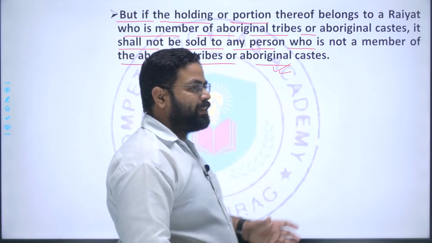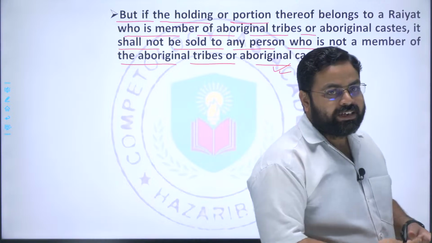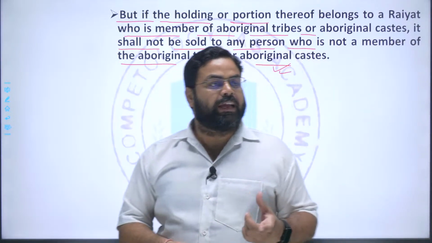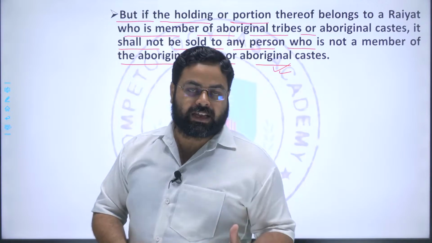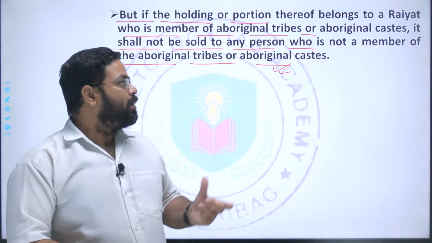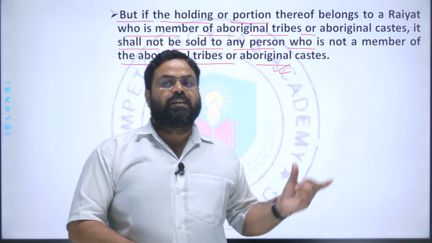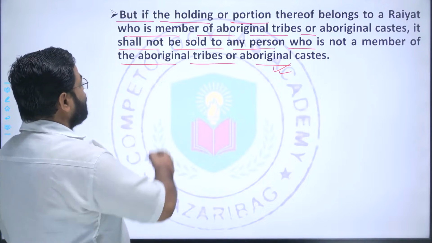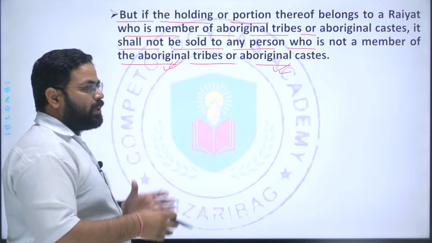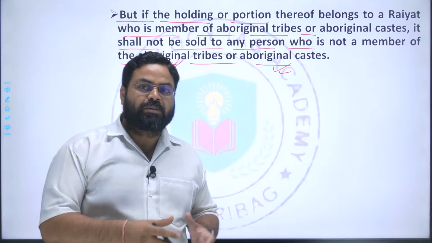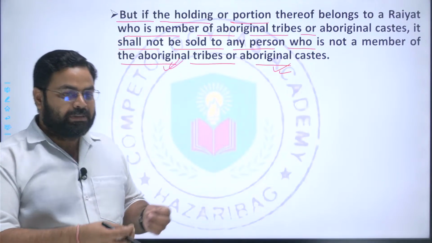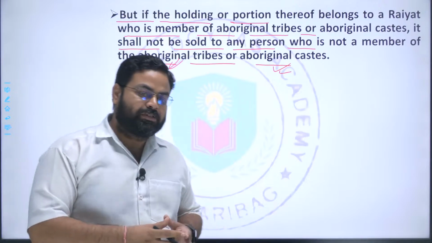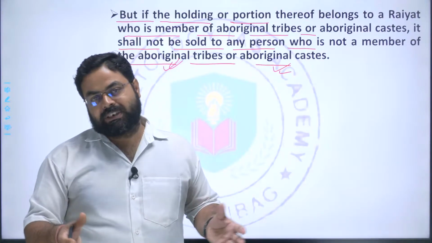So again the same issue arises: in case of the realization of a loan also, the land can be sold only to a person who is a member of a tribal community. So the land can be sold only to people who belong to the same community. So even if the bank gives the loan, and has to recover it, they will face the same issue again.